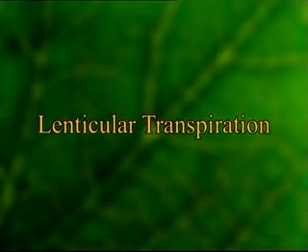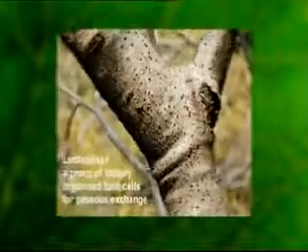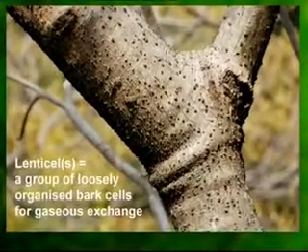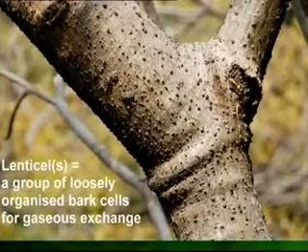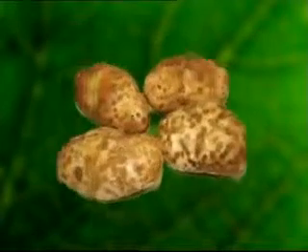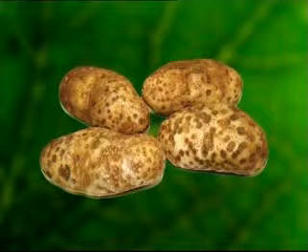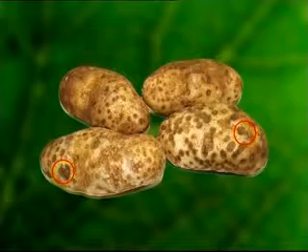Now, lenticular transpiration. Water loss through lenticels, which are found in woody stems and fruits, is called lenticular transpiration. It constitutes about 1 to 2% of total water loss through transpiration.